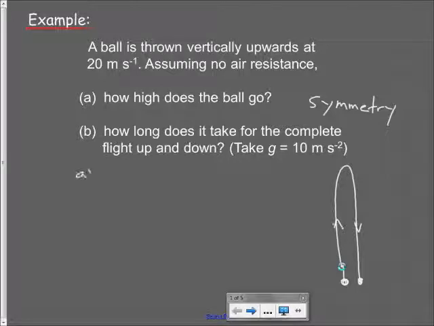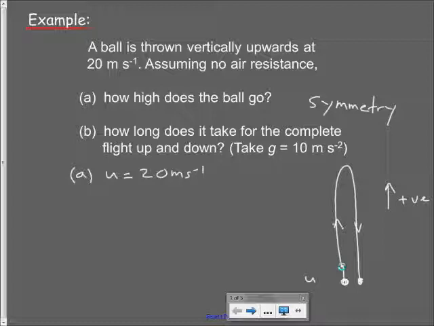So the first part, how high does the ball go? What information do we have here? We've got the initial velocity, u equals 20 meters per second. Now, in writing that down, I've already made an assumption. I've decided that upwards is positive. I don't have to make that decision, but that's what I've done.